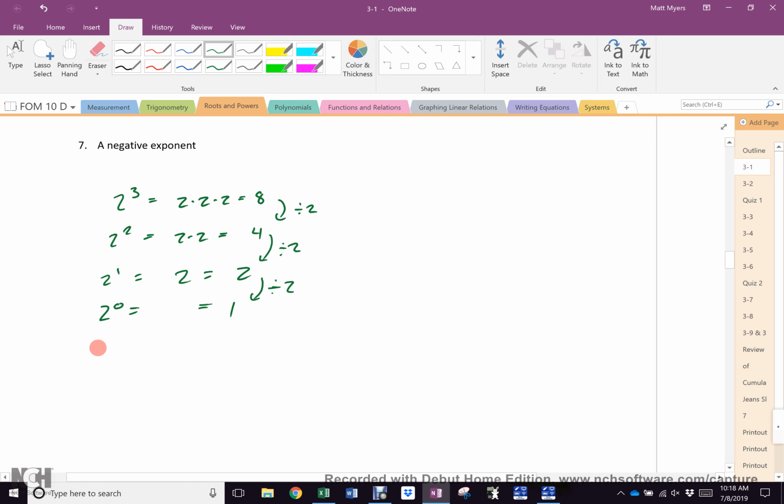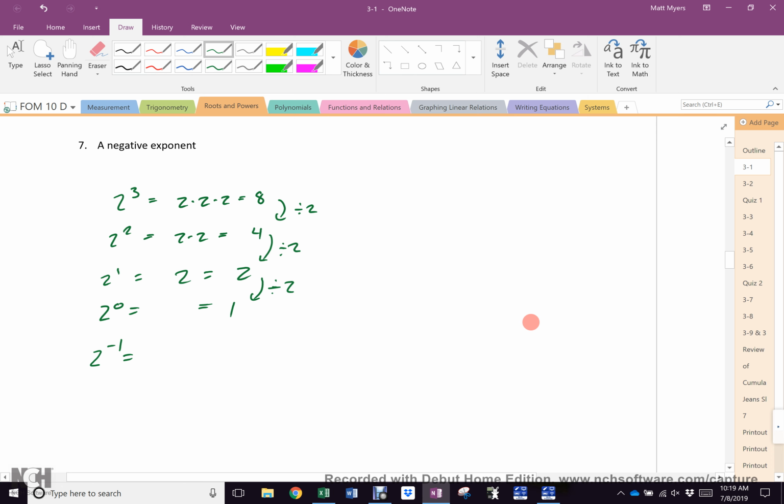Logically, what is the next exponent? 2 to the negative 1. Can I write that out? Is it possible? Take the base 2 and multiply it by itself negatively. Does that make any sense in your brain? Can you figure out how you could draw that for me? Because you can draw 2 squared, can't you? 2, make a square. Oh, 4. I get it. Easy.